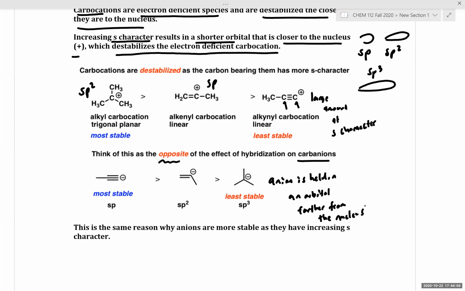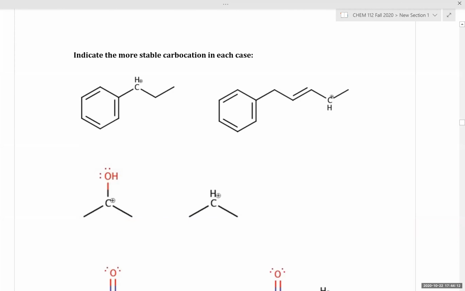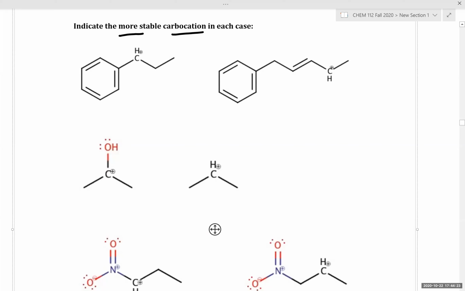Perfect. So let's now try to apply what we've learned to the following examples. And in each case, we're going to indicate the more stable carbocation. I'll start us off with the first example, and then we'll break off into groups and work on the next few examples.